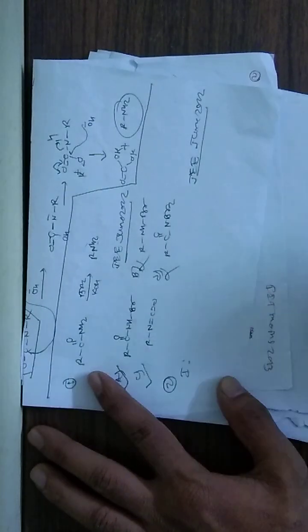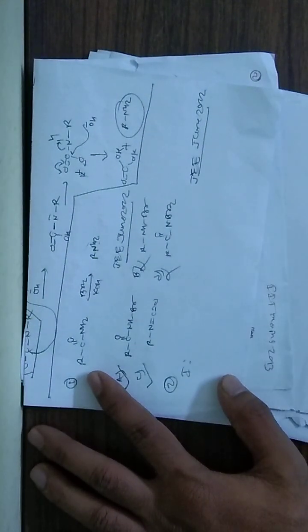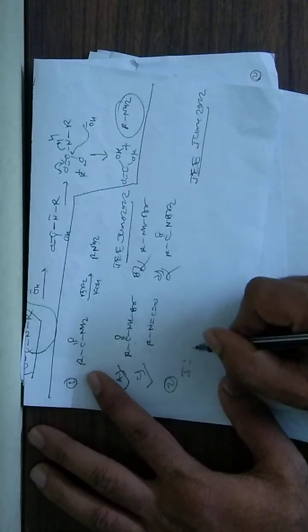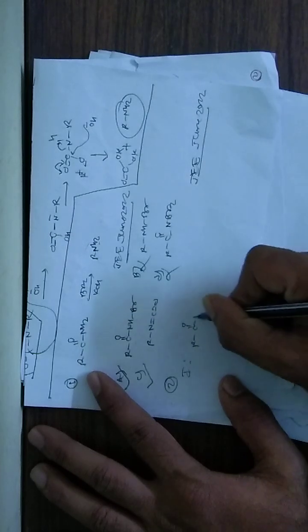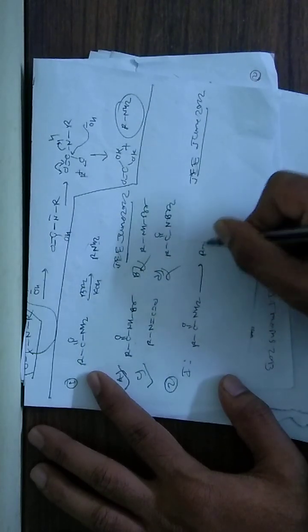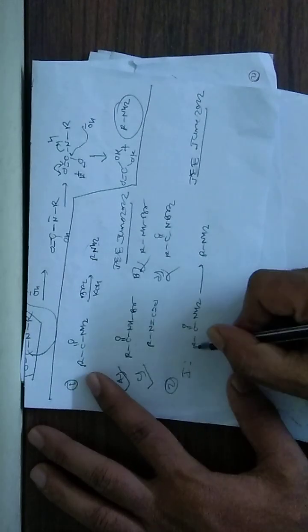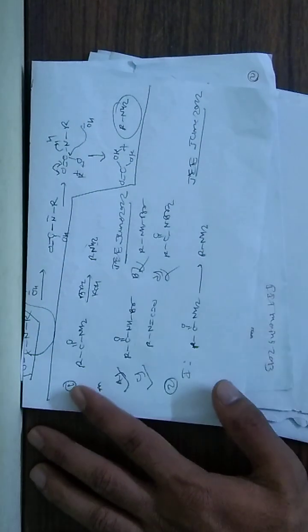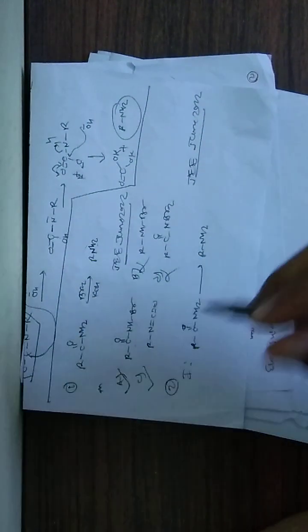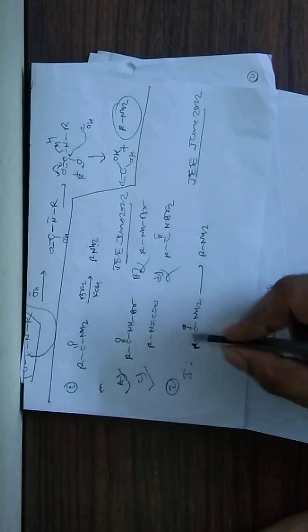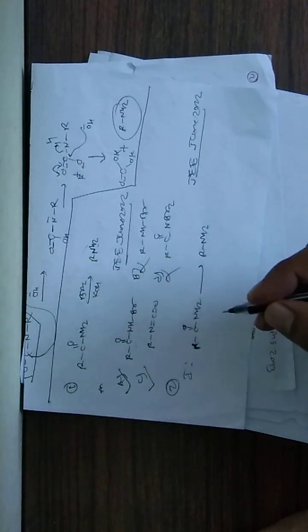I will read the statements. First statement: in Hoffmann bromamide degradation reaction, the migration of only an alkyl group takes place from the carbonyl group, means RC double bond O NH2, to give RNH2, of the amide to the nitrogen atom. So this statement says that only if this R is an alkyl group, not any other like an aryl group.